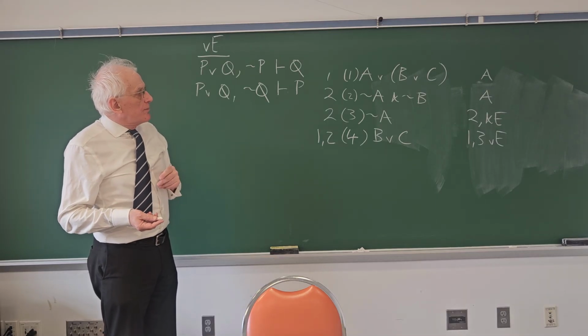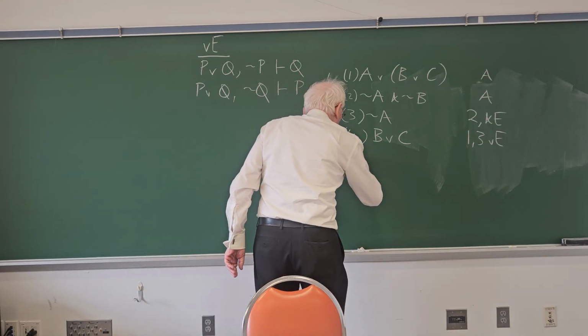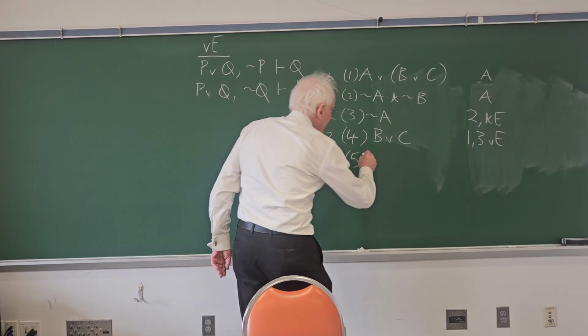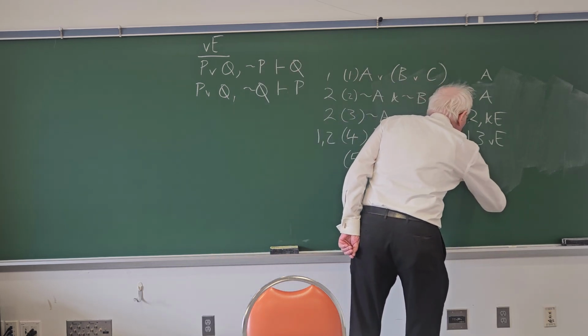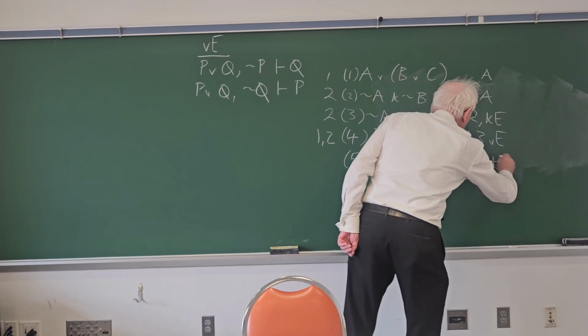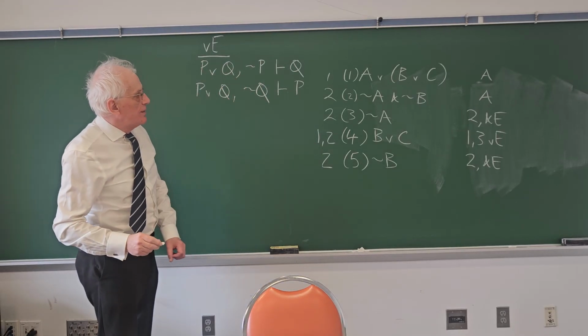So now we've got either B or C, then we can take out not B, the right conjunct, from 2. So that's again 2 ampersand elimination, and we're taking out the right conjunct this time.